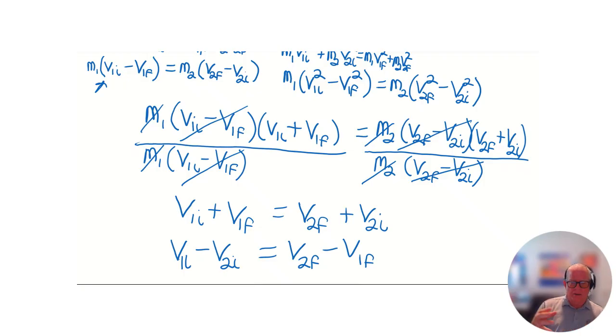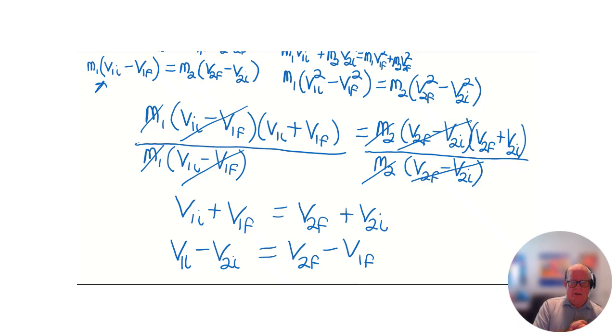Well, if v2 initial is a negative number, what you're essentially doing is adding v1 initial speed and v2 initial speed. So adding the two speeds is basically how fast they're coming together. If one of them is going to the right at 20 miles an hour and the other one's going to the left at 30 miles an hour, then they're coming together at 50 miles an hour.